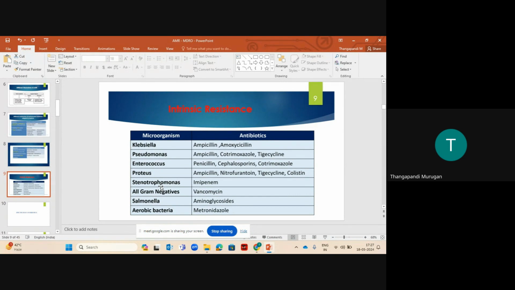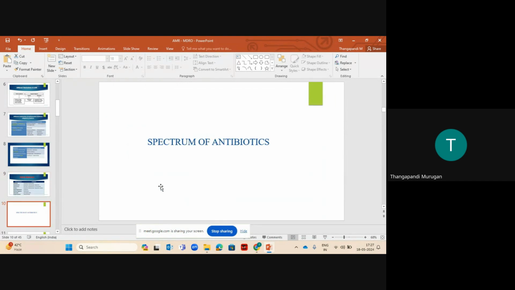Aerobic bacteria are resistant to metronidazole, and salmonella to aminoglycosides. If a patient comes to the hospital with a salmonella type infection, there is no point in giving aminoglycoside antibiotics. Then we have the spectrum of antibiotics.